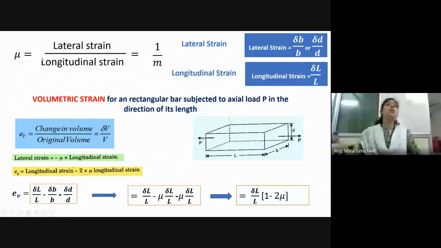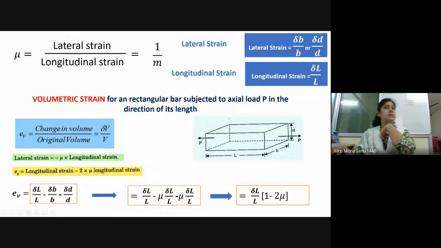There's something called Poisson's ratio. When this comes into the picture, let's look at this. Lateral strain divided by longitudinal strain is equal to 1 by m. Poisson's ratio mu can also be written as 1 by m.